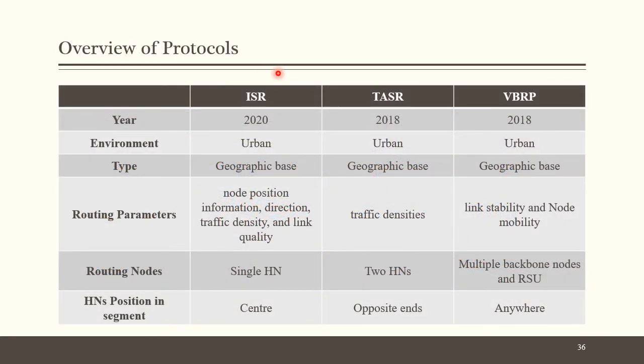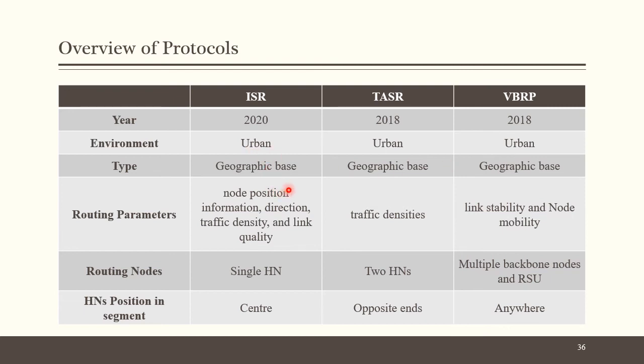Here's an overview and comparison of the protocols we have studied so far. We have studied three protocols: ISR, TSR, and VBRP. ISR was proposed in 2020, TSR in 2018, and VBRP was also proposed in 2018. All of them are urban-based and geographic-based protocols.